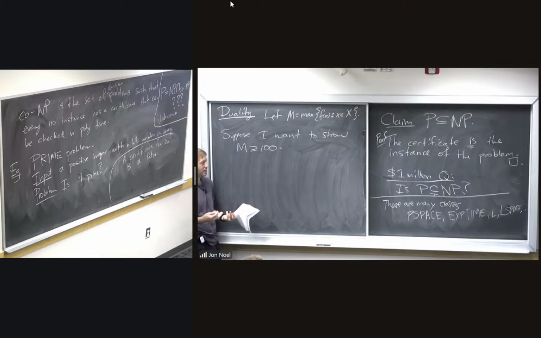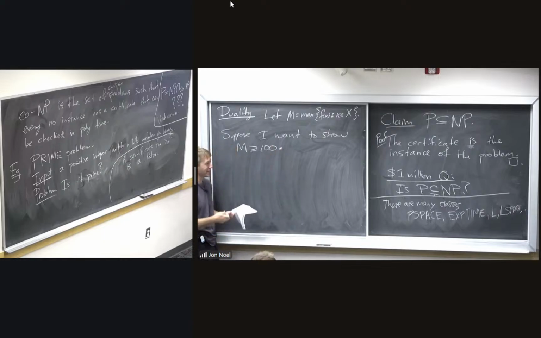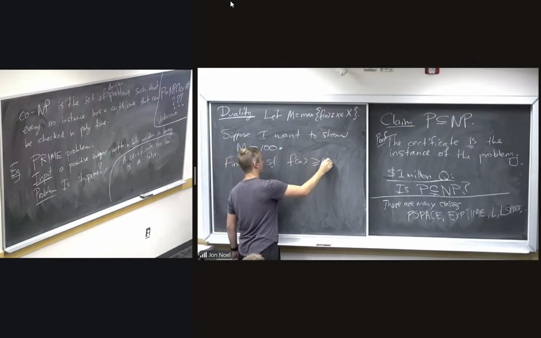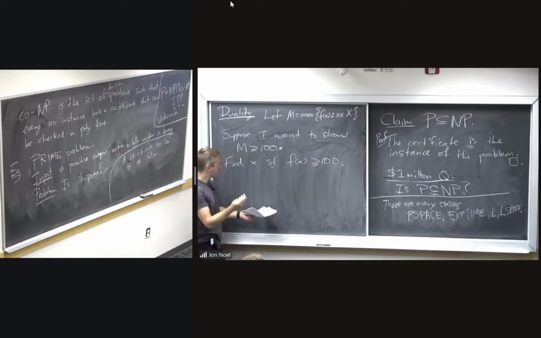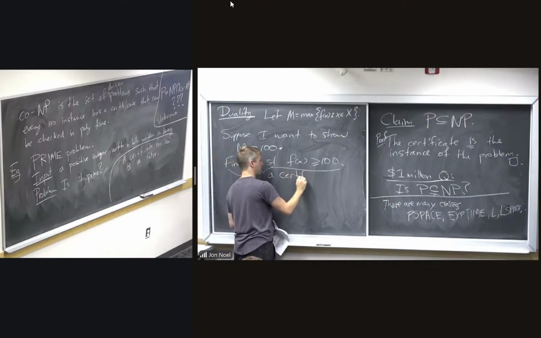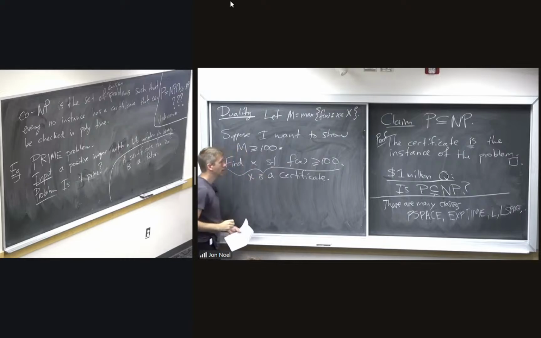I hope I'm not insulting your intelligence with these questions. It is that easy, right? You just find x such that f of x is at least 100. This x is really a certificate. It certifies that the maximum is at least 100.